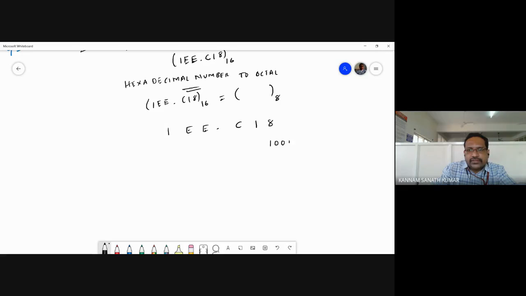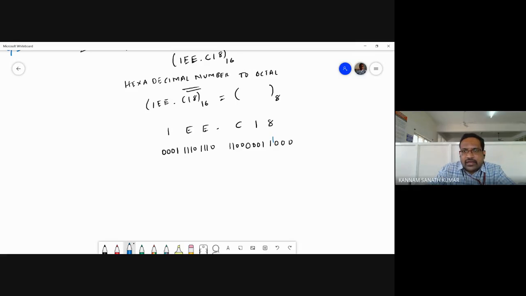What you are getting: 00011110, and this is 0011, 0001, 1000. Okay, now what should you do? You have to combine 3 bits.